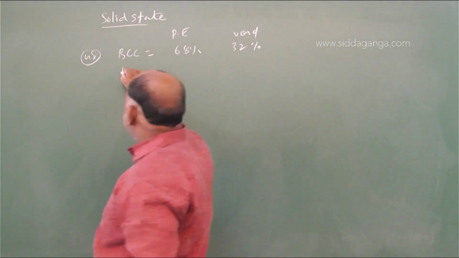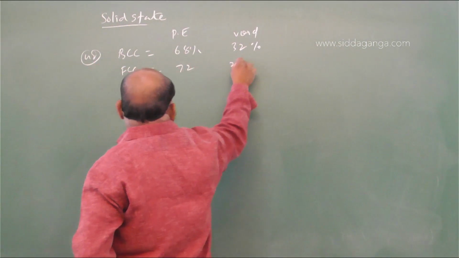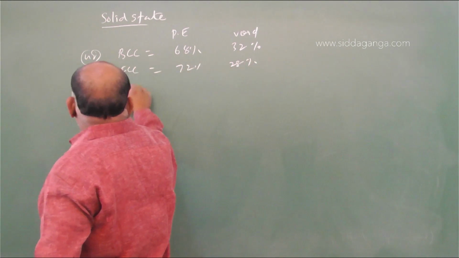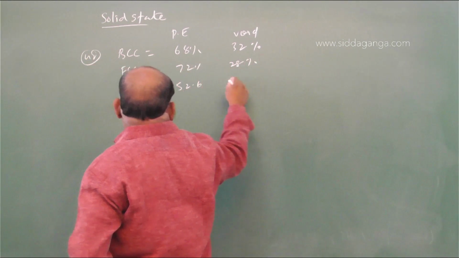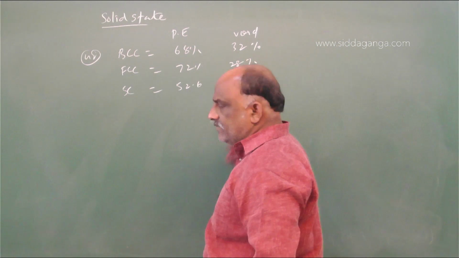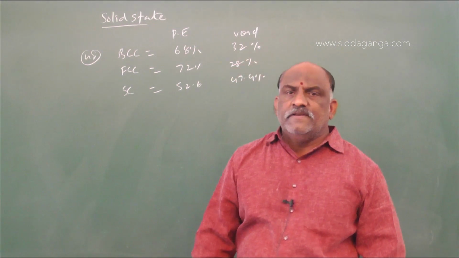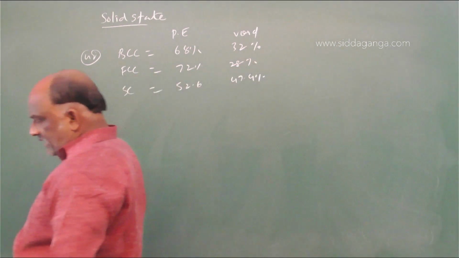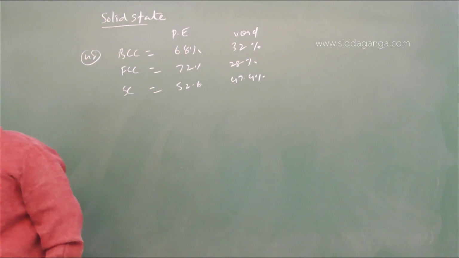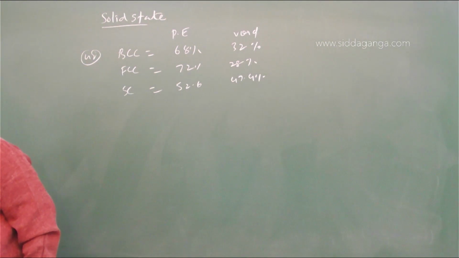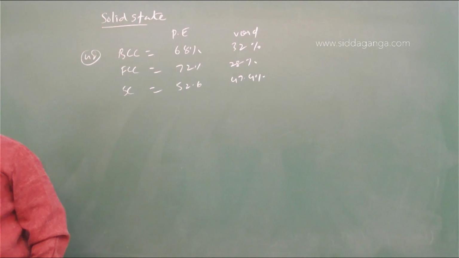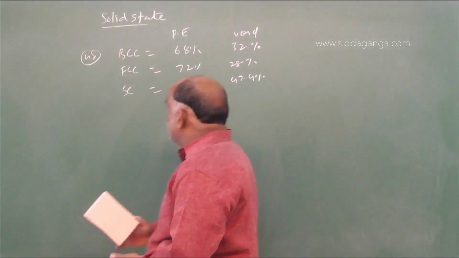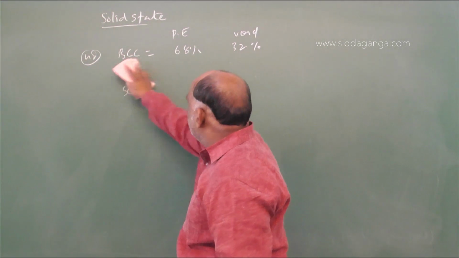In FCC, 74 and 26. In simple cube, 52.6 and 47.4. These are the percentages, but these points we don't want, we want this only.